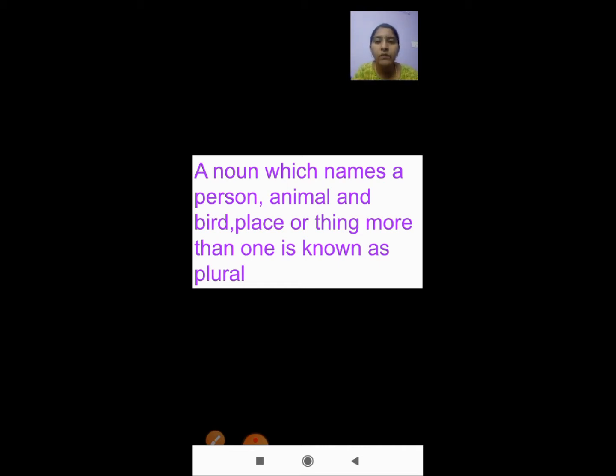If we have 2, 3, 4, 5, like 4 birds, 4 cats, 3 dogs, if you have the count, then it is called plural noun. Singular means one, plural means more than one. I will show you some examples here.